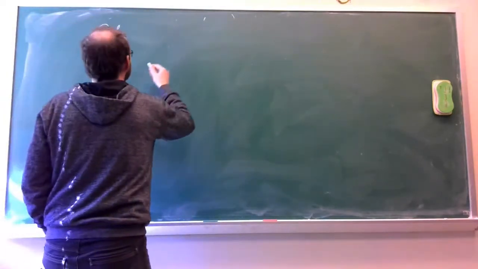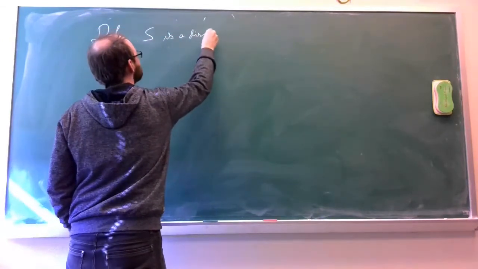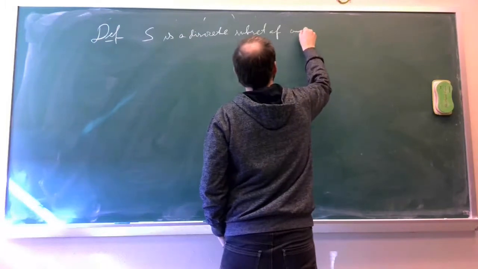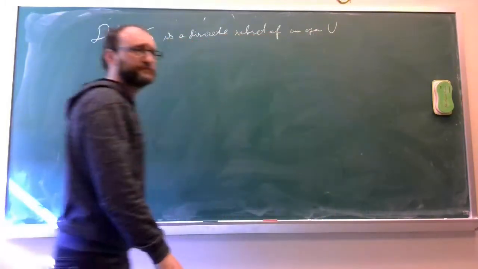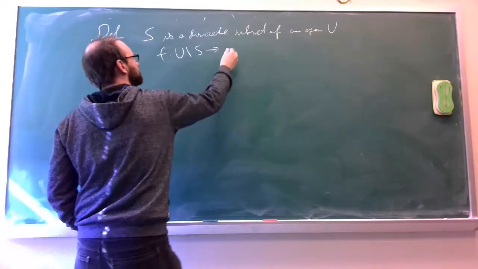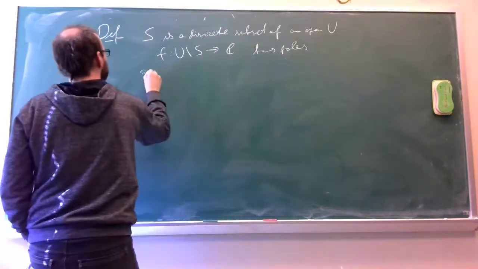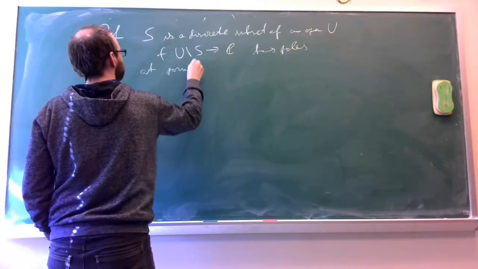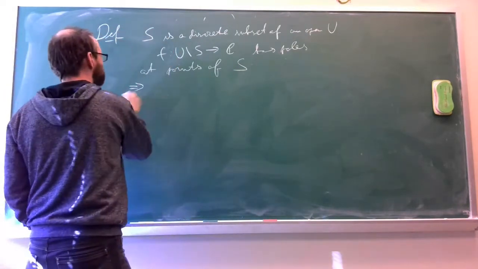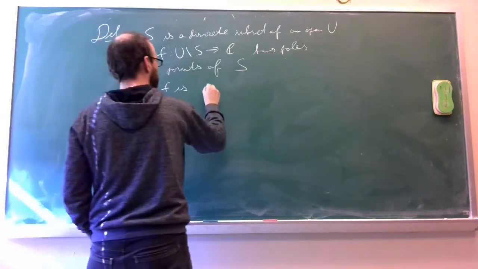It's the following: if S is a discrete subset of an open U, and F has poles at points of S, then we say that F is meromorphic.